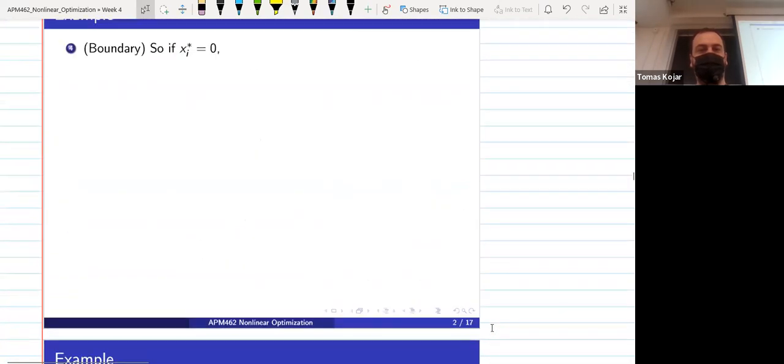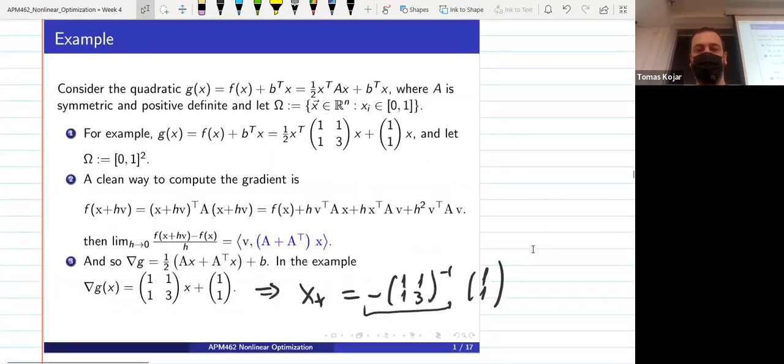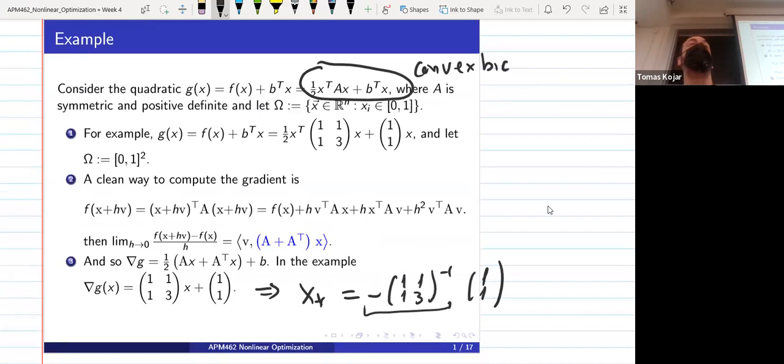So first of all, why is our function g(x) convex? Why is this function over here convex? Because why? What is the Hessian?